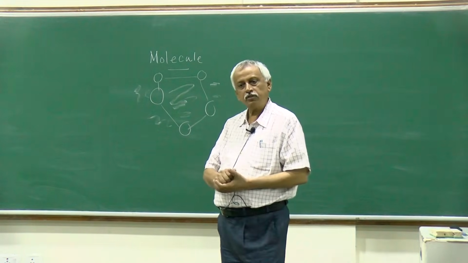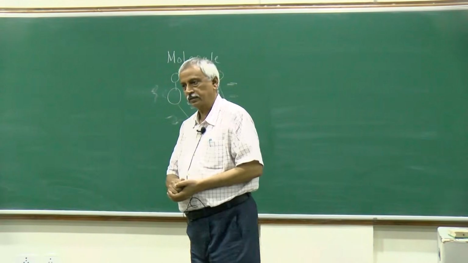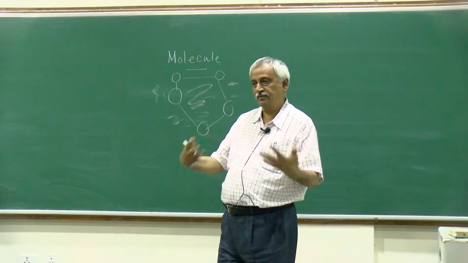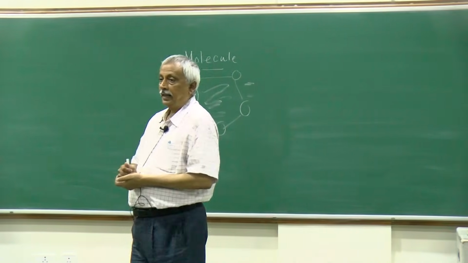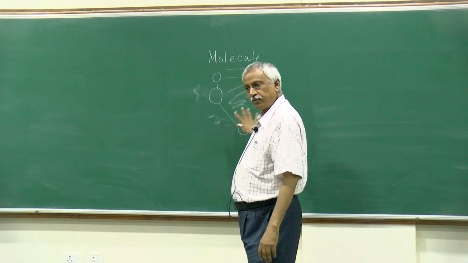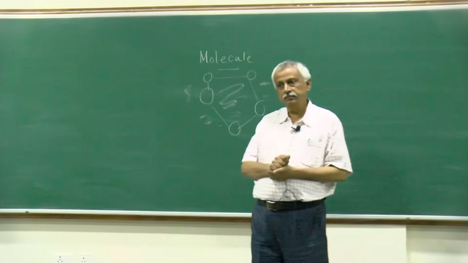So this particular geometry, we'll call the equilibrium geometry. I'll give you a much better definition of that as we go along. And this is the geometrical structure of the molecule, which tells you where the nuclei are.